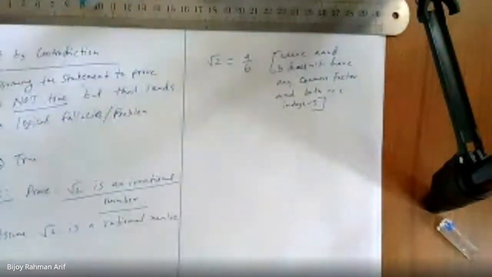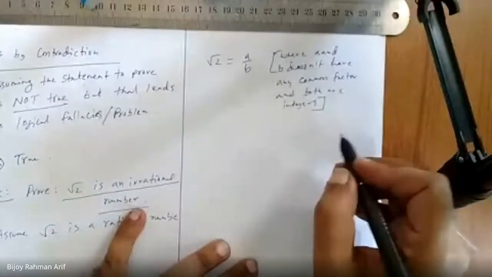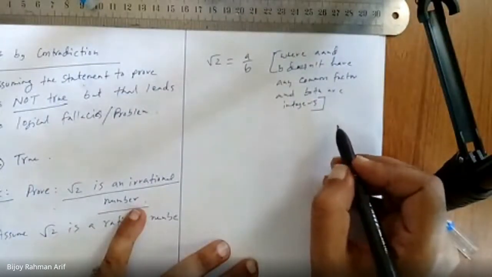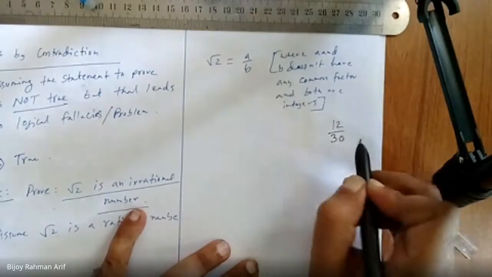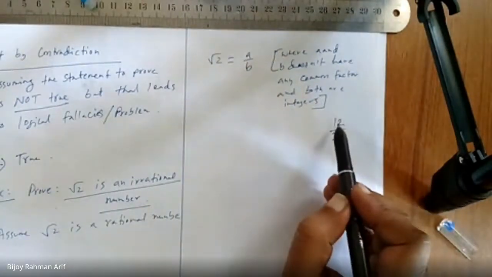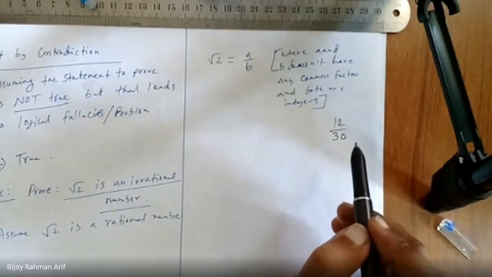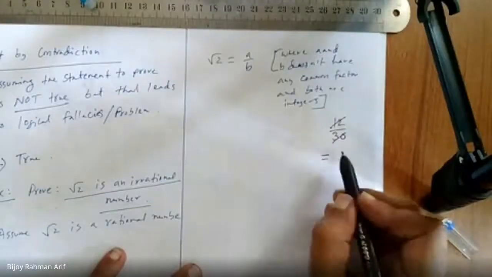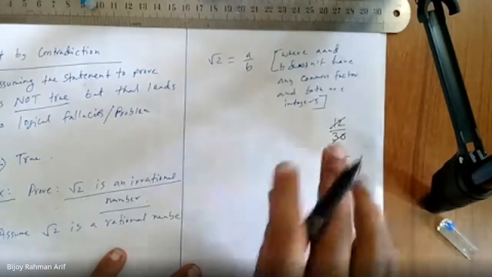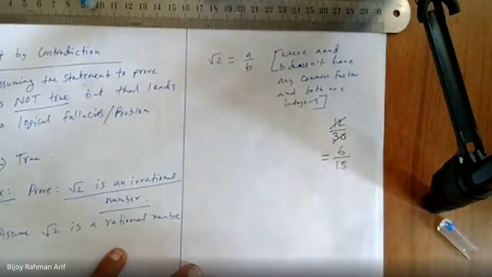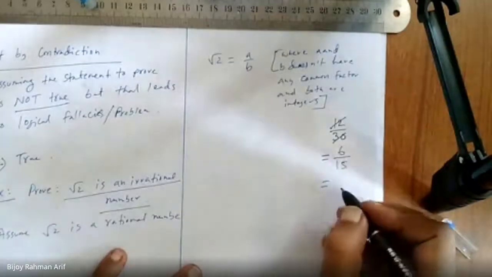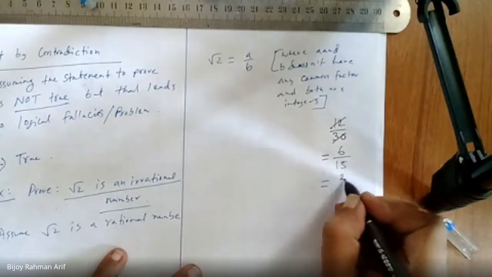For example, let's take 12 and 30. Do the numerator and denominator have a common factor? Yes, 2. If we divide by 2, we get 6 and 15. Still we have a common factor, right? 3. If we divide by 3, we get 2 and 5.